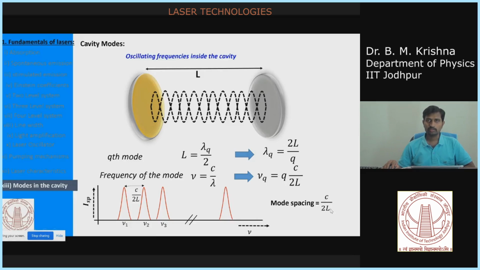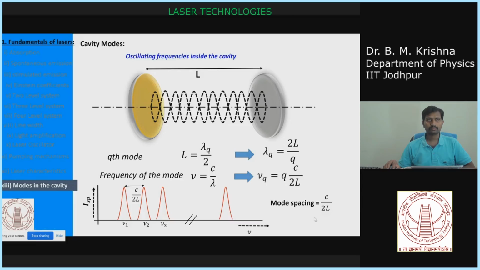So once you know the length, you know the difference between the two frequencies. You know the light velocity, you substitute the length of the cavity, and that gives you the mode spacing in the cavity.